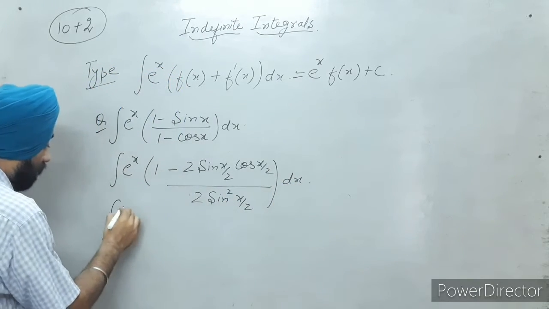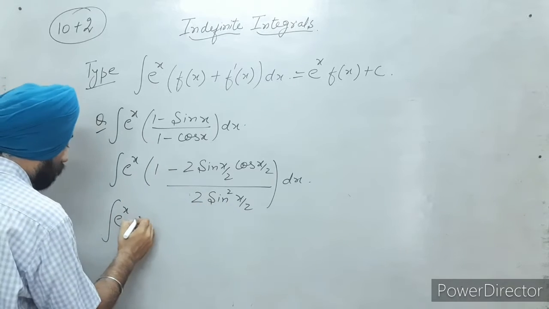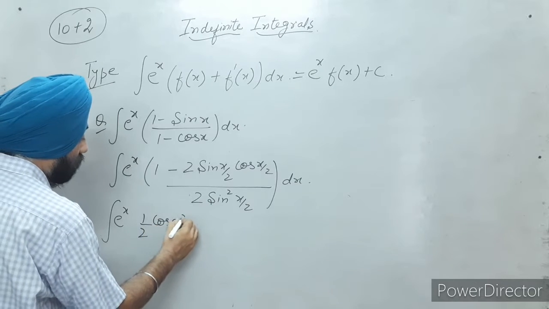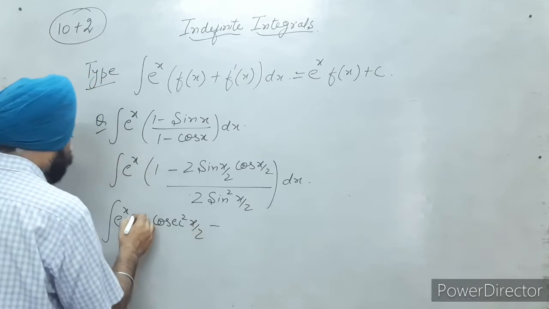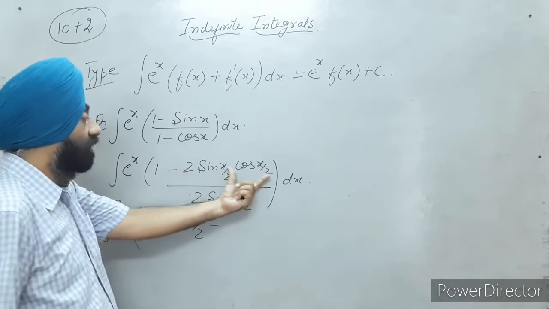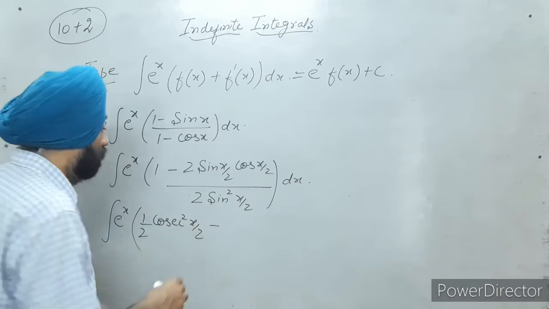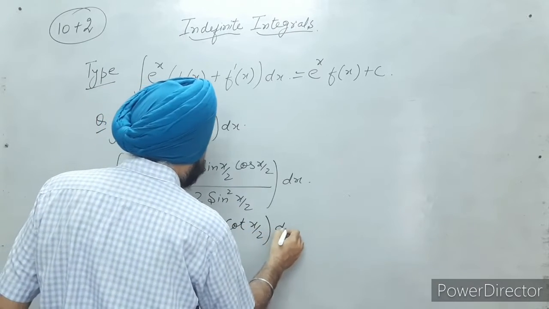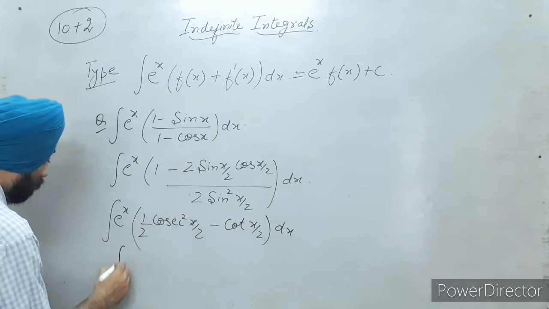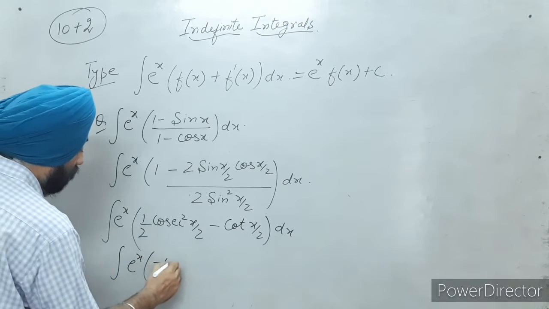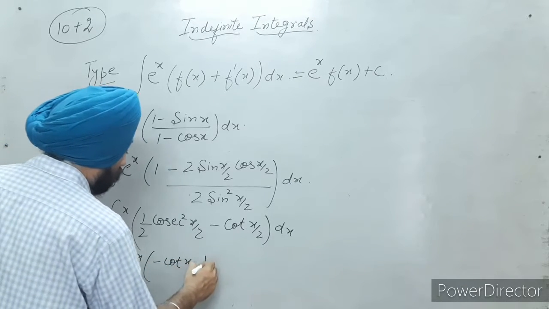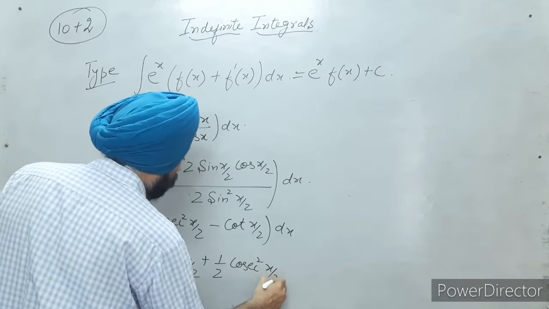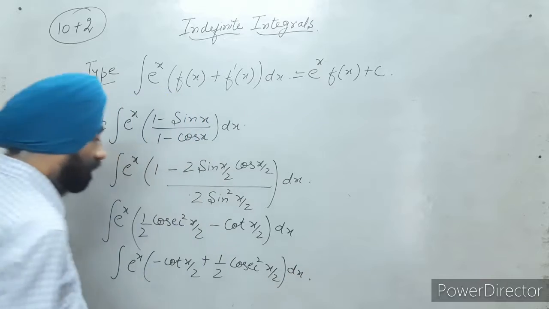Now e^x, 1 upon 2 sin square, it is half cosecant square (x/2), minus 2 sin(x/2) cos(x/2) divided by 2 sin square (x/2), only minus cot(x/2) is left, right, dx. Now just interchange the terms, like e^x [minus cot(x/2) plus half cosecant square (x/2)] dx.